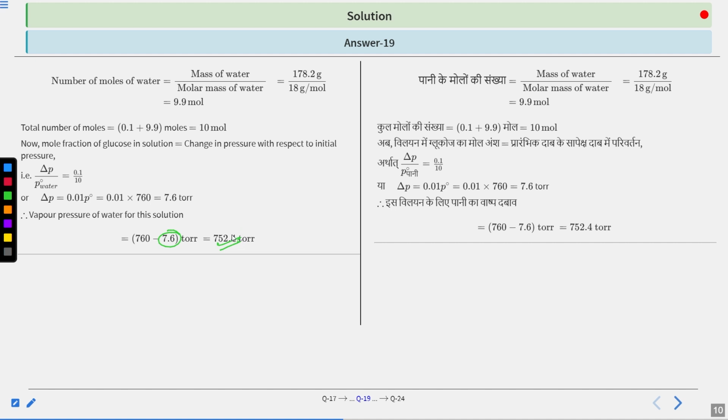So what we have done is, first we have calculated the change, delta P equal to 7.6 torr, then we put the P naught value from here and found the correct answer. Clear? Okay, moving on to the next.